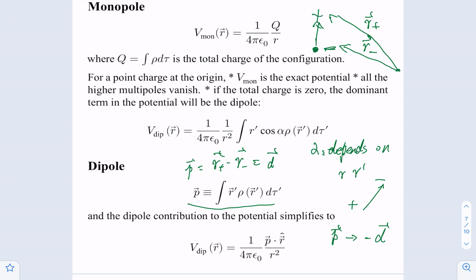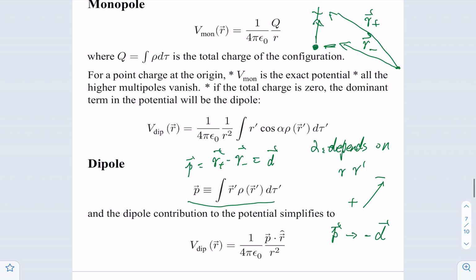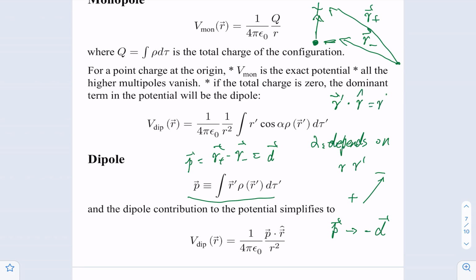Here, this cosine alpha could be expressed as r prime dot r hat, which gives r prime cosine alpha.